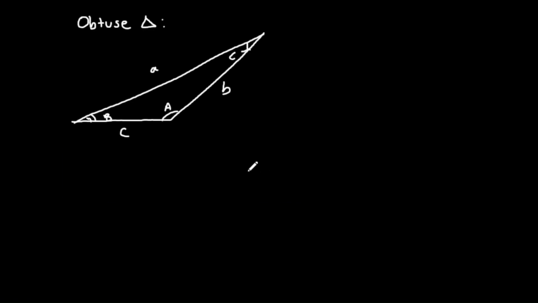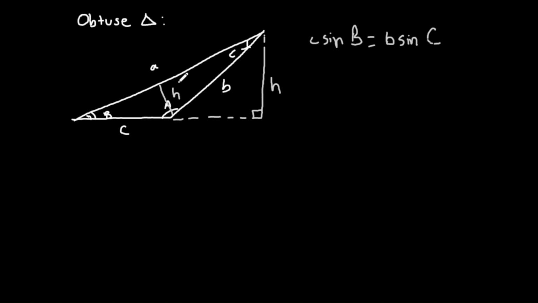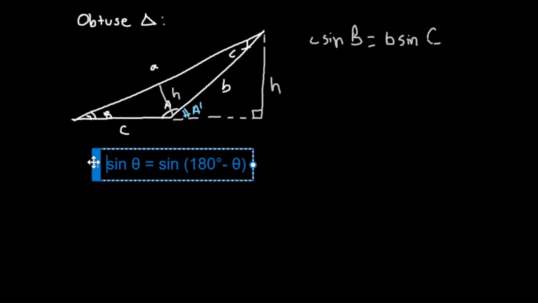With an obtuse triangle, things are a little bit different. With this altitude, in the same way, we obtain the result c sine B is equal to b sine C. To prove the same thing for the remaining side angle pair, we would have to draw an external altitude. Here we have an angle supplementary to A, and I will call it A dash. This part involves the rule: the sine of an angle is equal to the sine of the angle supplementary to it.